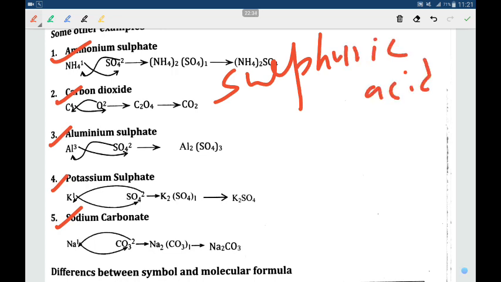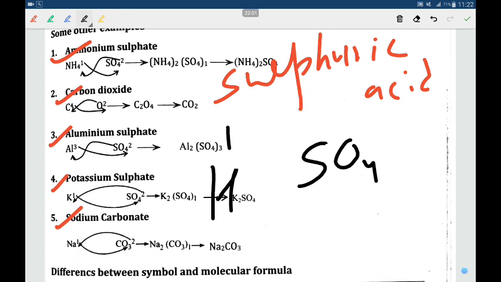How to write the molecular formula of sulfuric acid? The molecular formula of sulfuric acid is H2SO4. But what you have to do first? H, SO4. Did you write 2 radicals or not? One side H, next side SO4. What is the valency of H? 1.